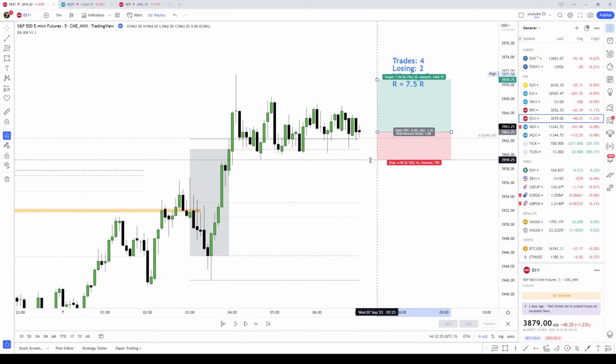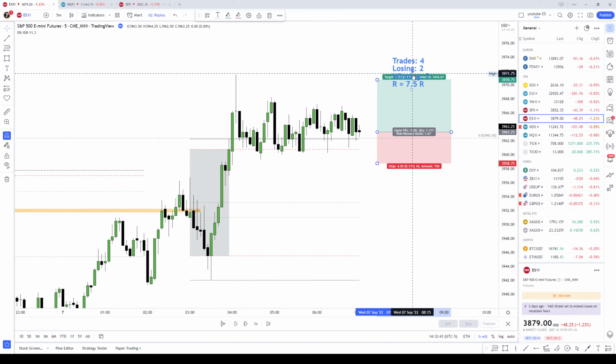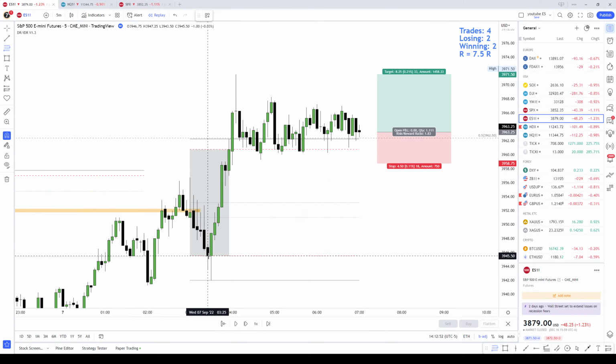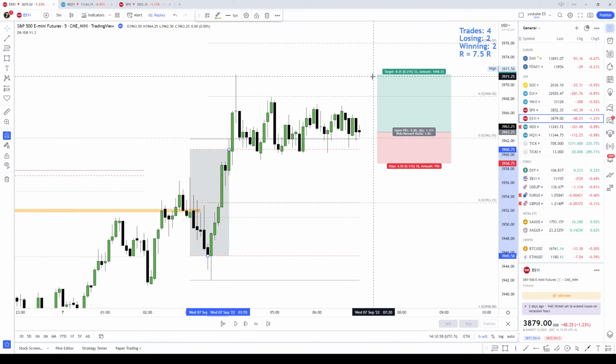And I would put my stop 2 ticks below this low, because here we wick too many times through it, so I would put my stop loss over here. Target would be here. I don't like the risk reward ratio, so we have to take our 0.5. It's also not there, so no, I can't take this trade. The risk reward ratio is not worth it, so it has to be at least 2 to take a trade for me.